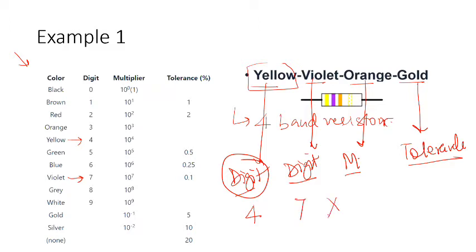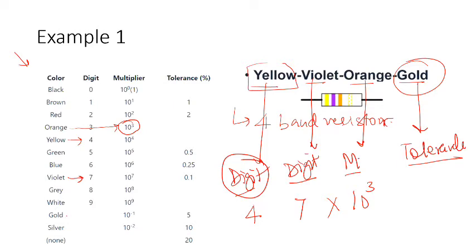And for the third band, we would be using a multiplier. Against the multiplier band, the color is orange. So we'll be taking a multiplier corresponding to orange, which is 10 to the power 3. As far as tolerance is considered, we'll be taking the tolerance of the gold band.